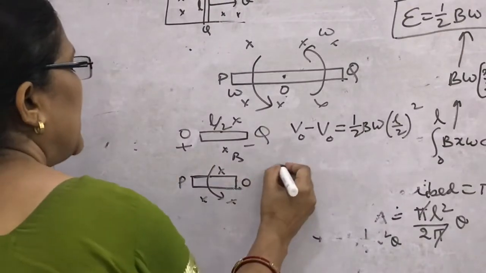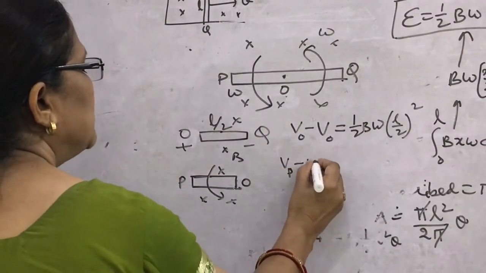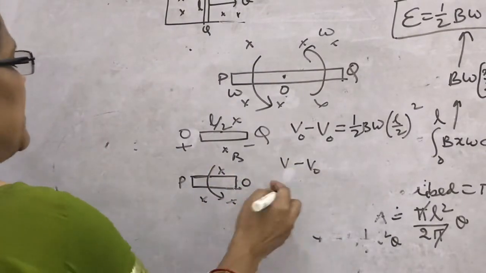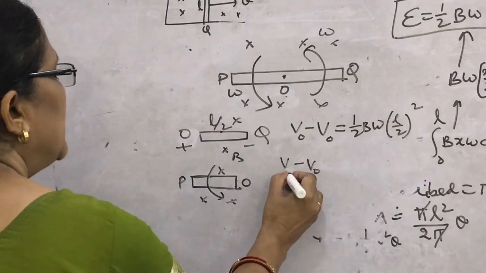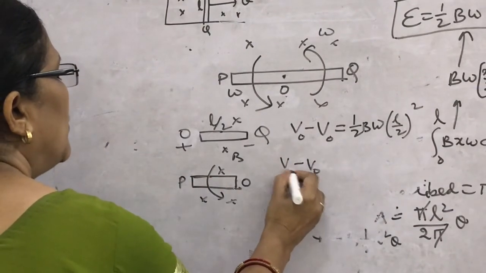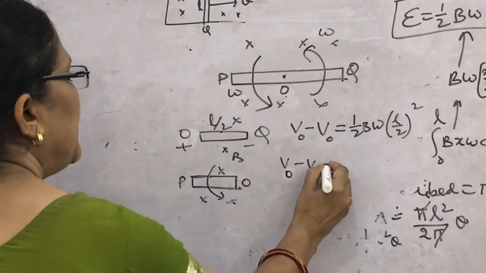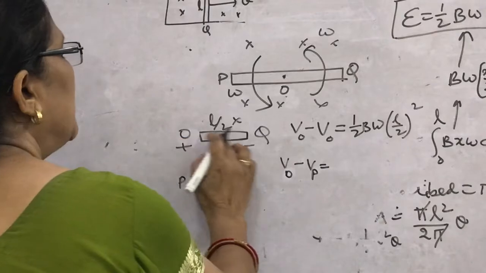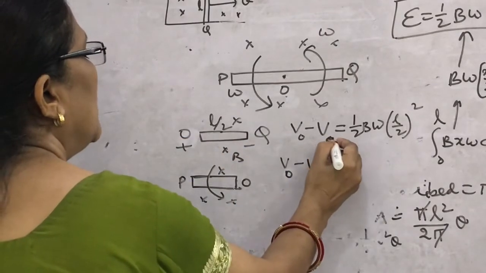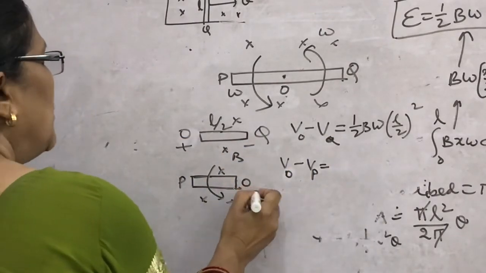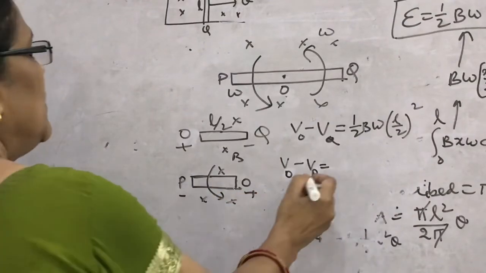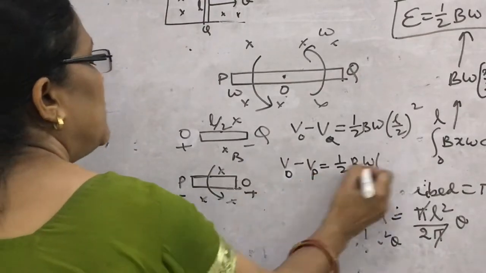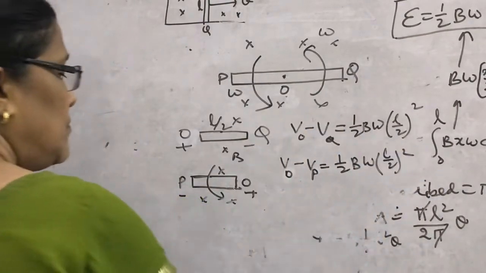So O will be at higher potential, and you will write VO minus VP. And what is this? Same. Here you wrote VO minus VQ, and since O is positive and P is negative, it will become the same, half B omega and the same length, L by 2 square.